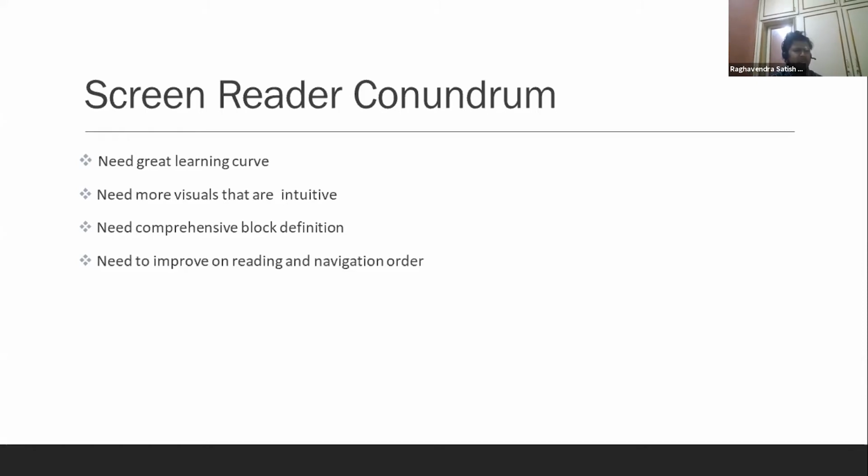We tried to find definitions for some of these blocks and were not able to find them. So we felt that if there was help explaining what exactly a block does, and how it is going to show up in the front end, it would have been very helpful for us to use some of these blocks.